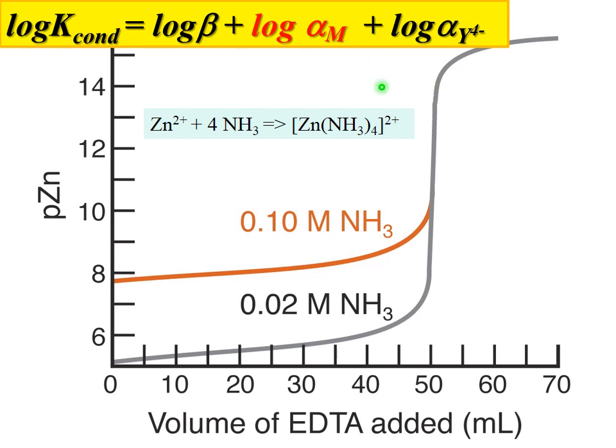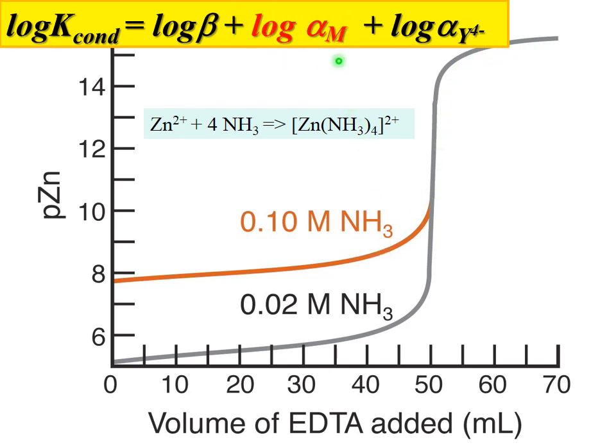The situation can be complicated if your metal ion forms compounds with your buffer you are using. For example, if you are using ammonium buffer, zinc ions form complex compound with ammonia, Zn(NH3)2+, and the more ammonia you add, smaller is the jump.